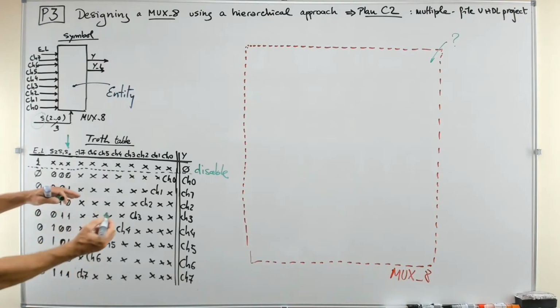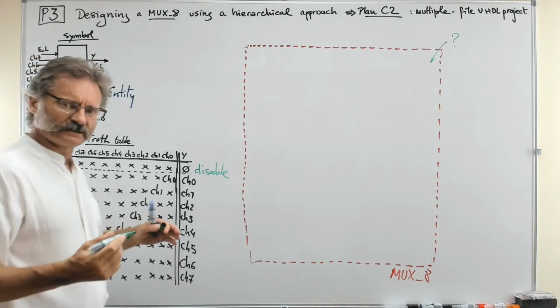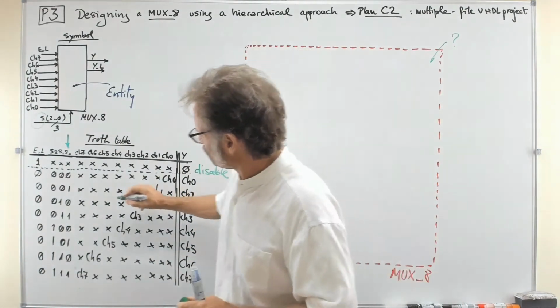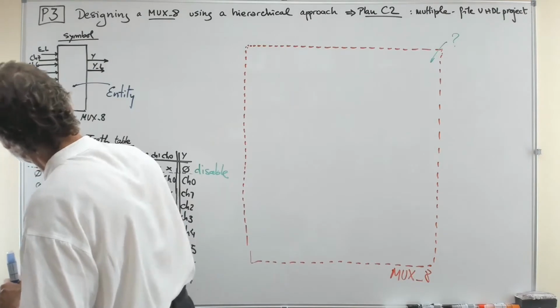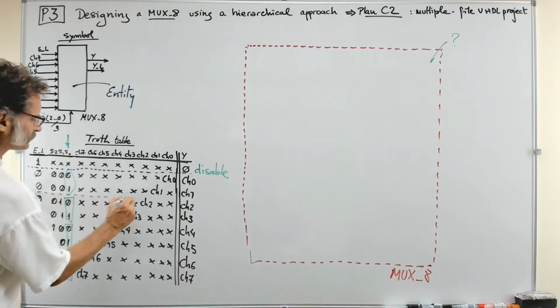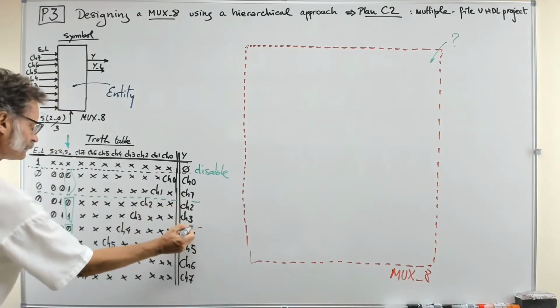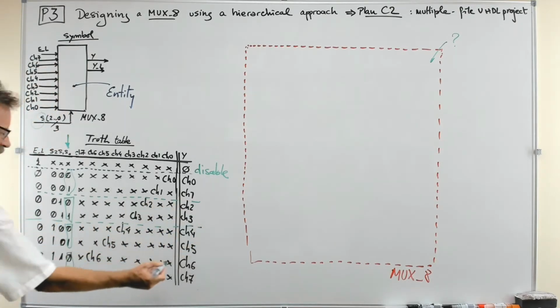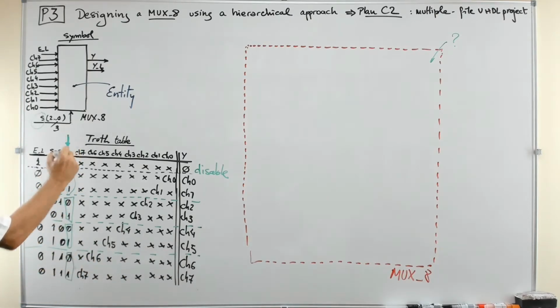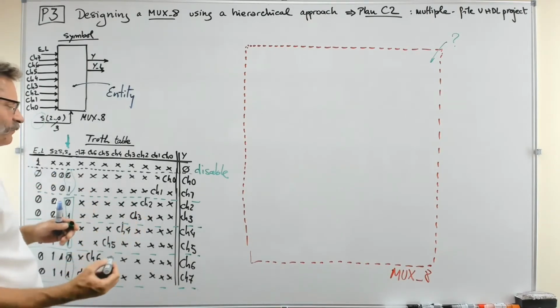So what can you do here? It is a good idea to section the table like this, considering this 0 and 1, and this 0 and 1, and this 0 and 1, and this 0 and 1. If you section the table like this, every 2 rows, and the rows associated to the value of the S0, what is here is a kind of a MUX2, you see.